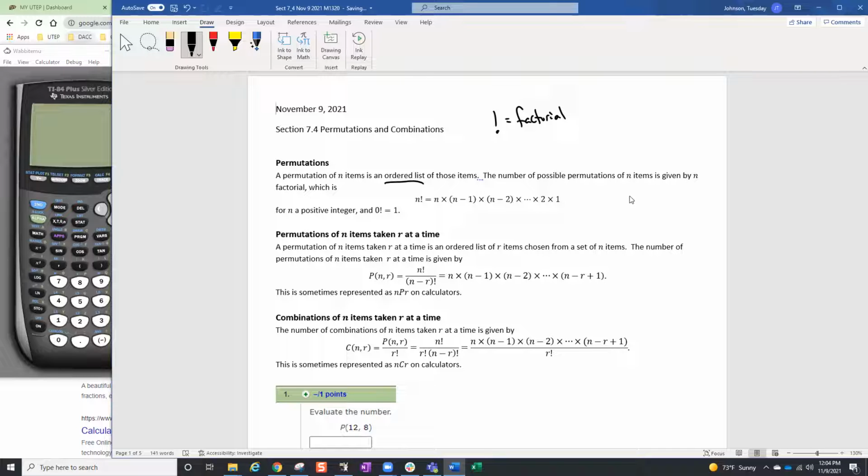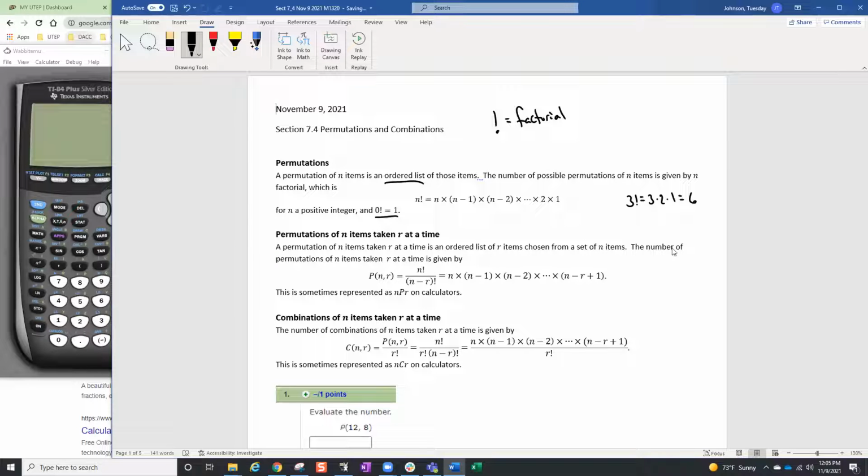For example, 3 factorial is 3 times 2 times 1, which is 6. So it's just that number multiplied by everything lower, for any positive integer n. We can't find a factorial of negative numbers. And it's been agreed that 0 factorial is equal to 1. So this is something we'll use frequently.